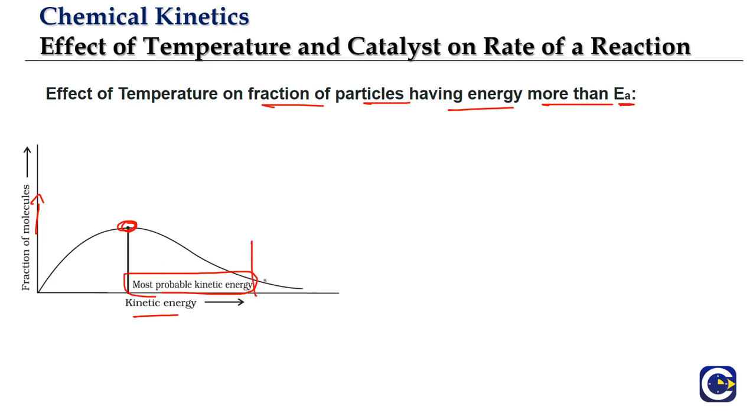And let us say somewhere over here we have the activation energy. If you look at the area below this curve, this will give us the fraction of particles having energy more than the activation energy. So only this fraction of particles will result in product formation.